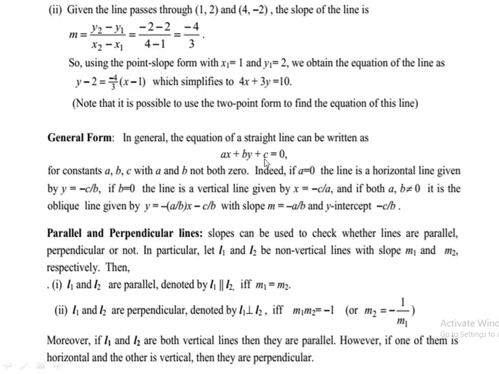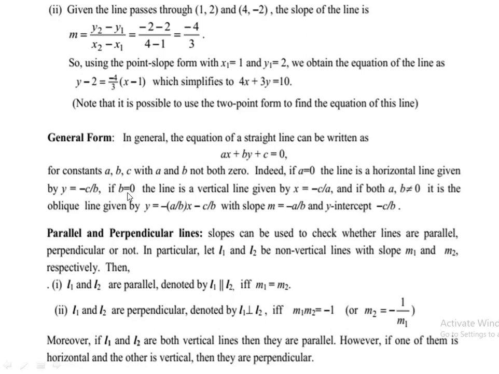Indeed, if a is 0, then we have by plus c equals 0. Then we obtain the horizontal line. Since by plus c equals 0, then by equals minus c, so y equals minus c over b. Then we obtain the horizontal line y equals minus c over b.